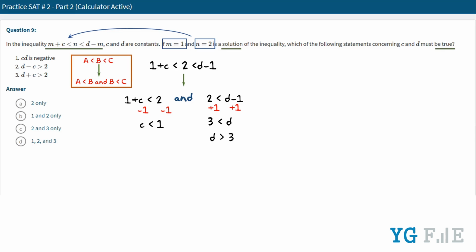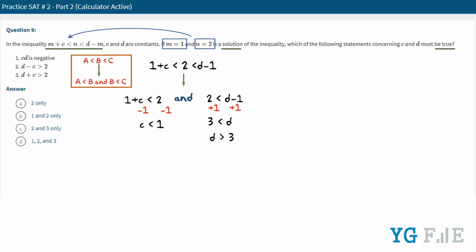Using these two inequalities, we will determine the truth of the given statements. But before we do that, we can look at the given options in this problem. Options A and D each always have the second statement. It means that the second statement must be true, or otherwise we will have no answer for this problem. But we need to check that the second statement is actually true.